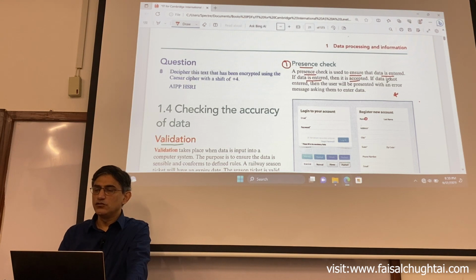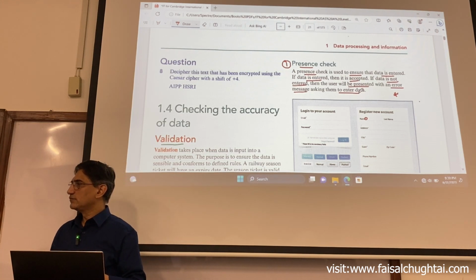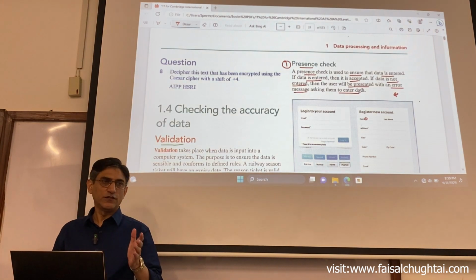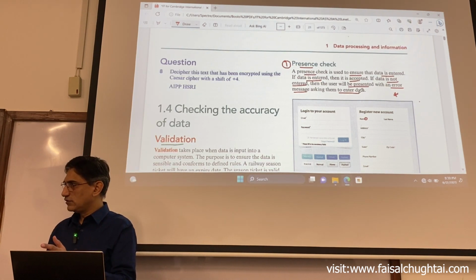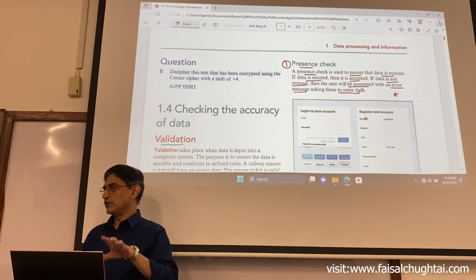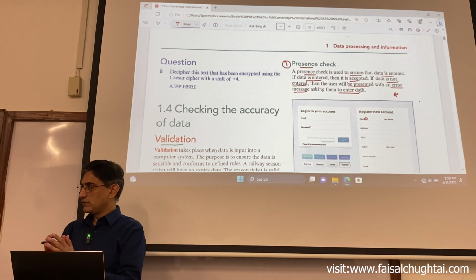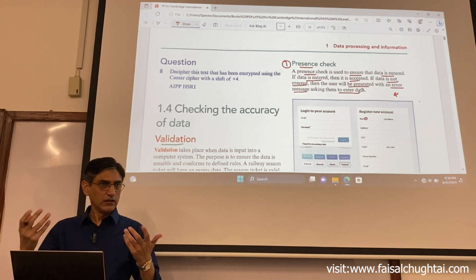If data is not entered, then the user will be presented with an error message asking them to enter the data, because the program knows that this field cannot be left blank. So this kind of check that the program carries out on the user's input is called a presence check. So this is one of the validation checks that we have just spoken about. So presence check is what? It is a type of validation check.